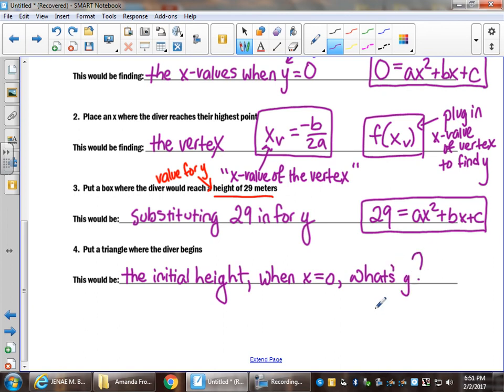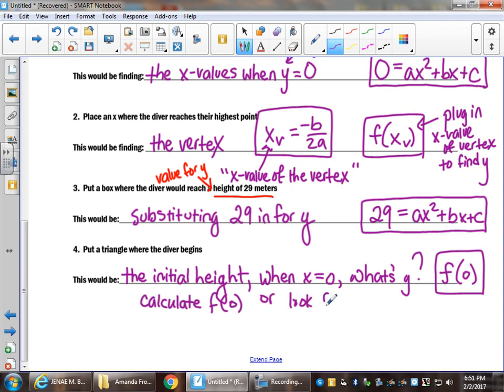And you could calculate that by finding f of 0. Or if you have a graph, look for the y-intercept.